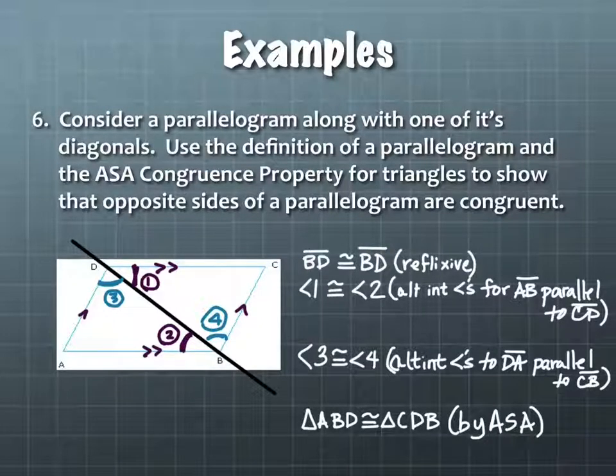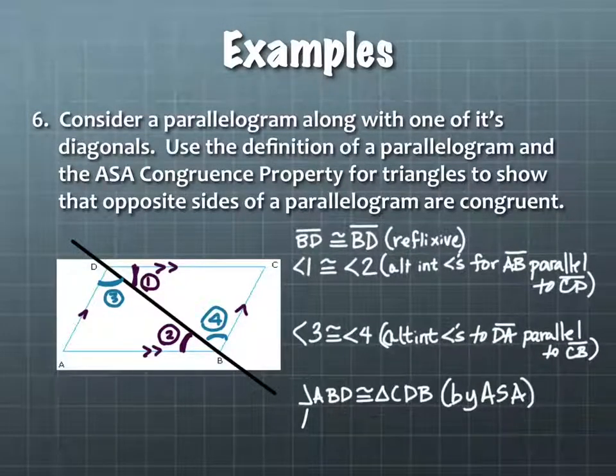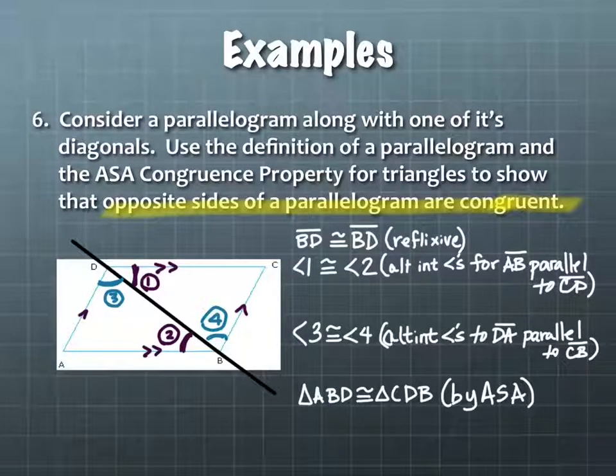Why did I need to use angle side angle? What is my whole goal here again? Did you already forget? What are we trying to prove? I underlined or highlighted in yellow the opposite sides, right?